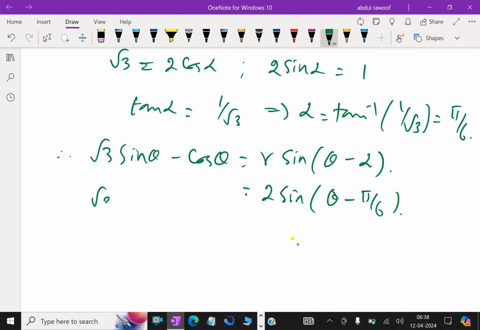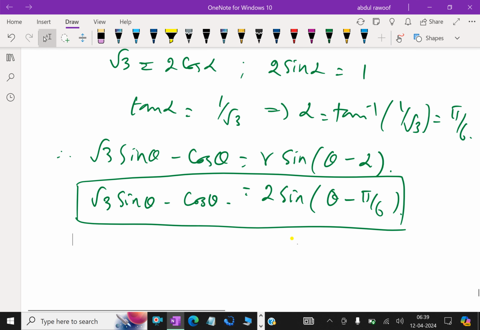Therefore, root 3 sin theta minus cos theta is this expression. Like that, we can use it for a sin theta plus b cos theta, which is equal to R sin(theta minus alpha), and in terms of cos, R cos(theta minus alpha) or cos(theta plus alpha). Like that, regarding the problems, we can express in different ways.